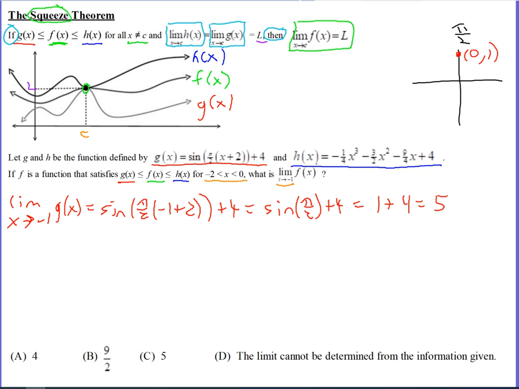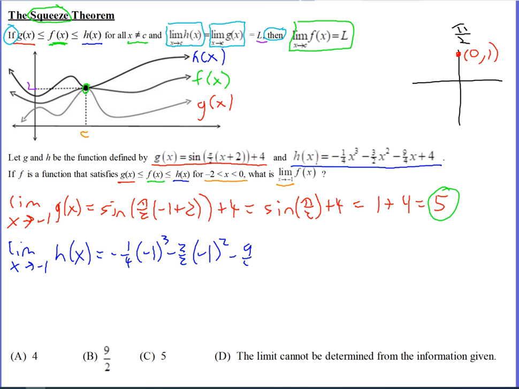Alright, so now let's compare that limit, 5, with the limit as x approaches negative 1 of h of x. And again, first thing you try is direct substitution. So if you substitute negative 1 there, you have negative 1 fourth times negative 1 cubed minus 3 halves times negative 1 squared minus 9 fourths times negative 1 plus 4.